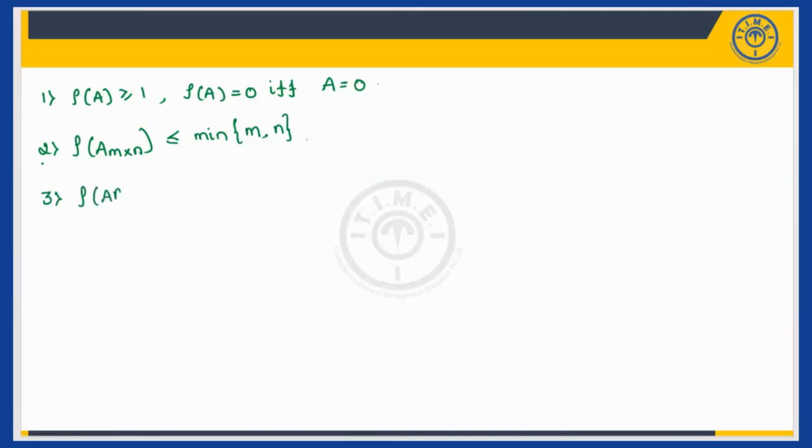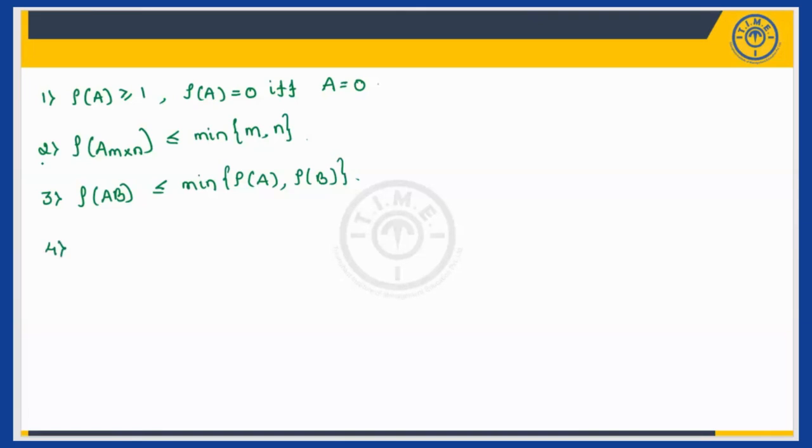That means rank cannot be 0, and rank is 0 if and only if A is a null matrix. If A is a 0 matrix, then only the rank is 0. And the rank of A, m cross n, is less than or equal to the minimum of m and n. And rank of AB is less than or equal to the minimum of rank of A and rank of B.